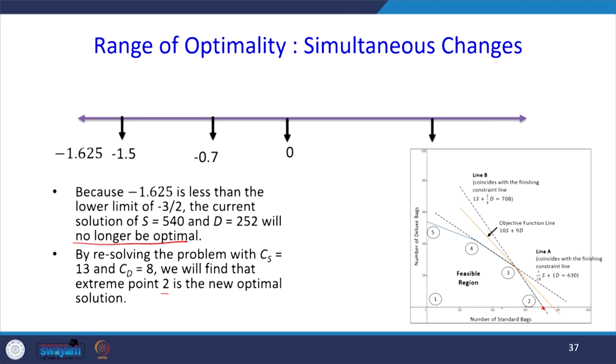So, what we are learning here is that if there are simultaneous changes, we have to resolve the problem. The sensitivity analysis we have discussed so far covers any one value changing at a time, not both. If both coefficients change at a time, we have to resolve the problem.